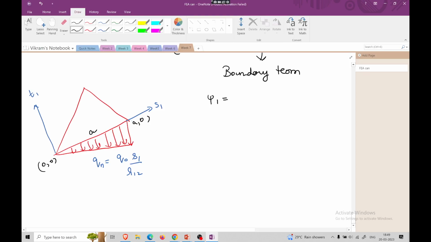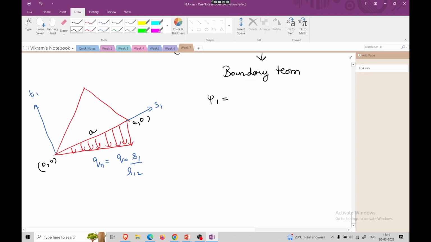So from integral 1 to 2, along the edge 1 to 2, qn into psi 1 into ds. So what is qn? Just substitute q0 into s1 by h12, into psi 1. Psi 1 is 1 minus s1 by a, into ds.